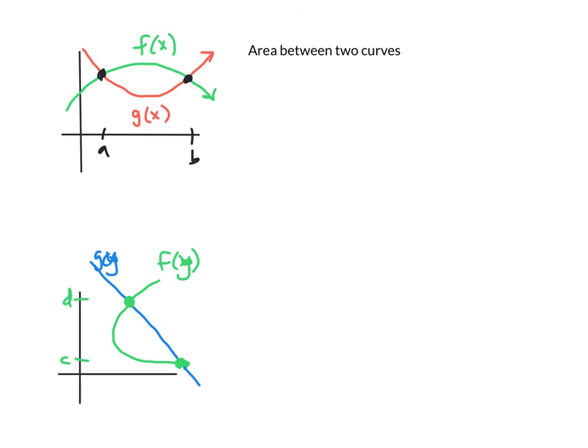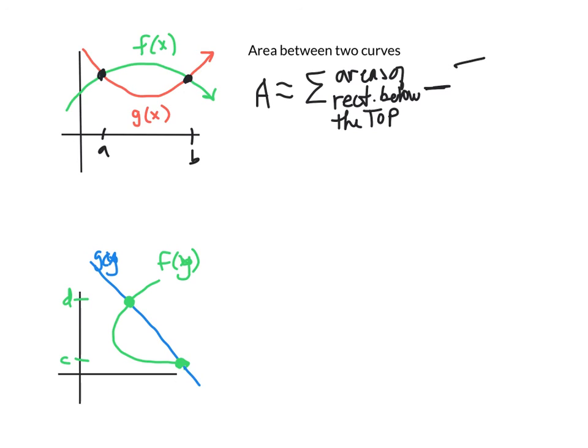So if we're writing with our laundry list, the area is going to be approximately the sum of the areas of rectangles below the top minus the sum of the areas of the rectangles below the bottom.